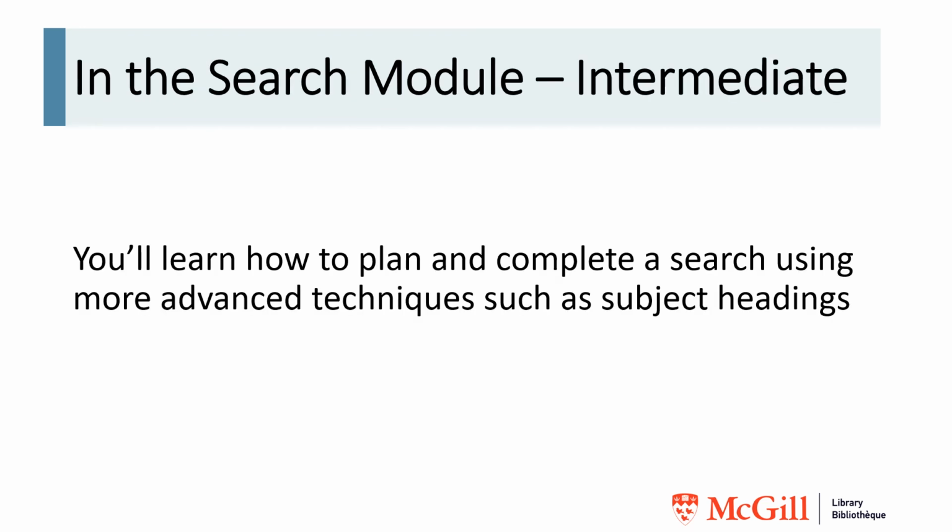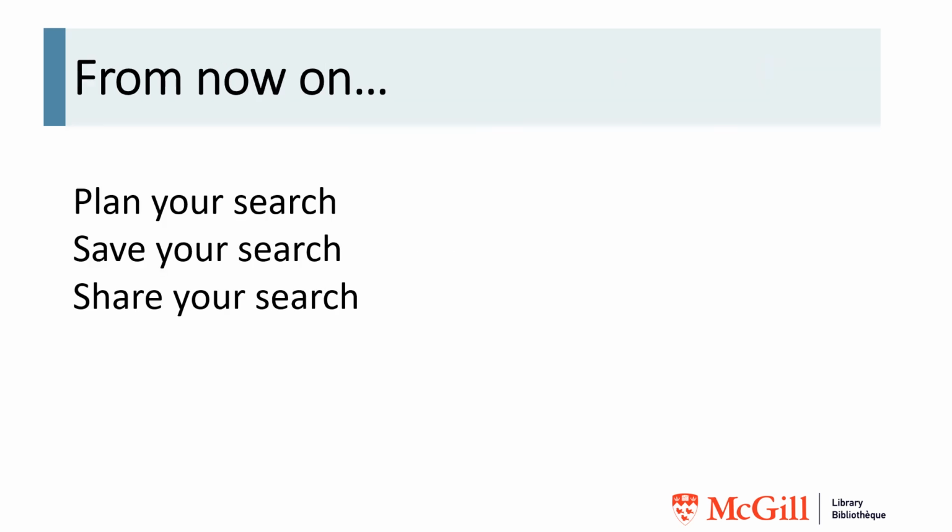In the Search Module Intermediate, you'll learn how to plan and complete a search using more advanced techniques such as subject headings in Medline Ovid and Cinahl. Now that you know how, remember to plan your search, save your search, and share your search before meeting with the librarian.